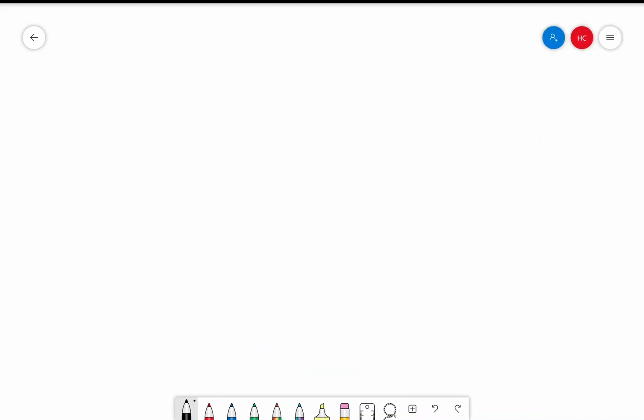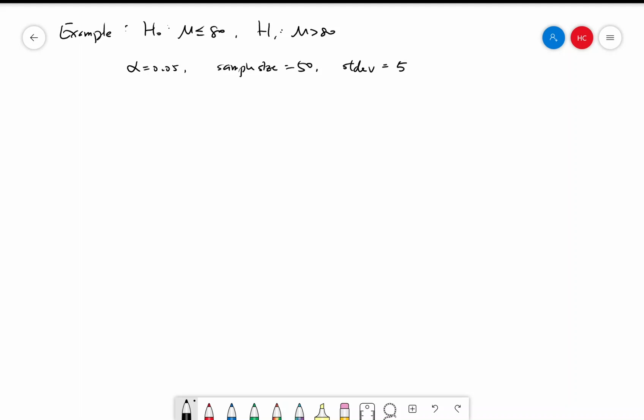So let's consider the null hypothesis mu less than or equal to 80, and the alternate hypothesis mu greater than 80, and alpha is 0.05, sample size is 50, and standard deviation is 5. With all these, we can draw a null distribution.